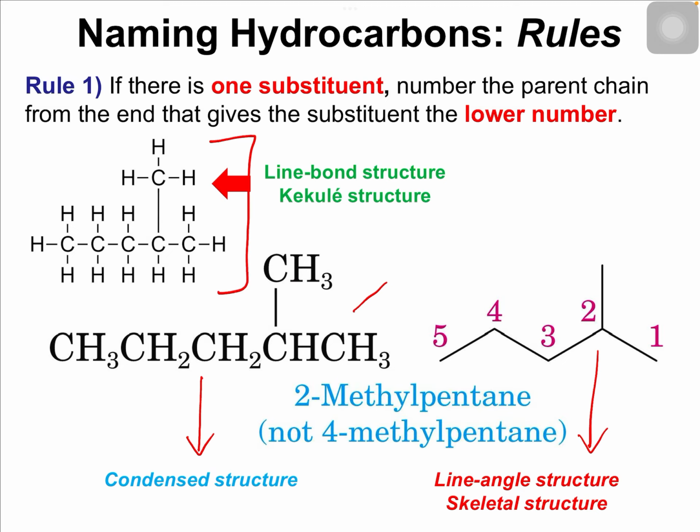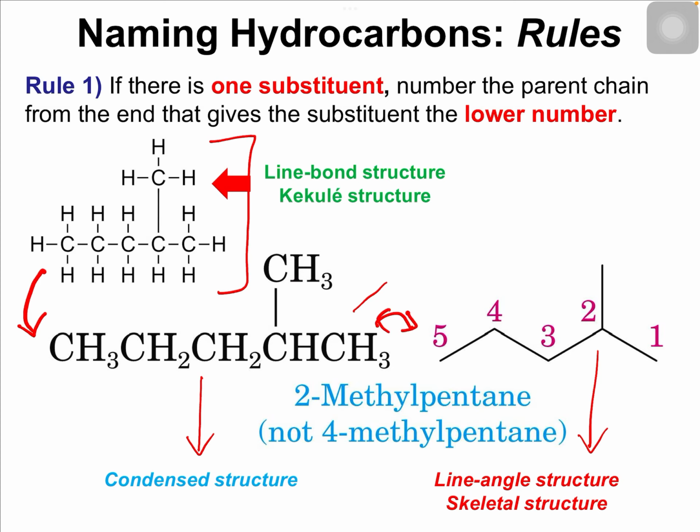Ang pinakamadaling gamitin dyan sa tatlong yan ay yung line angle or yung skeletal structure. But it doesn't necessarily mean na hindi kayo marunong gumawa o magbigay ng name ng mga compounds kapag yung binigay lang sa inyo ay condensed structure. Okay? So, itong tatlong to, yung line bond, condensed at skeletal structure, they are all equivalent structures.